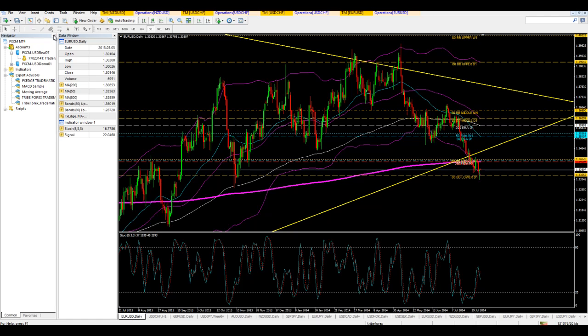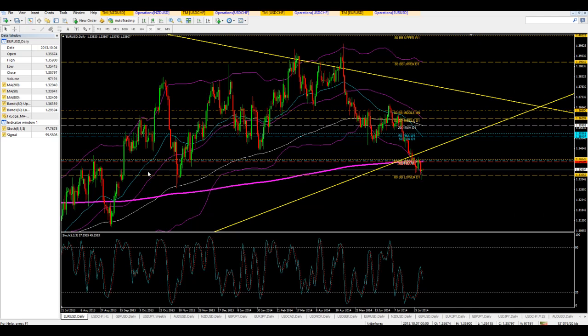We've got plenty to talk about. On the euro dollar, yesterday we called a buy at 1.3363. Price went down to 1.3332, a 30 pip drop against us.